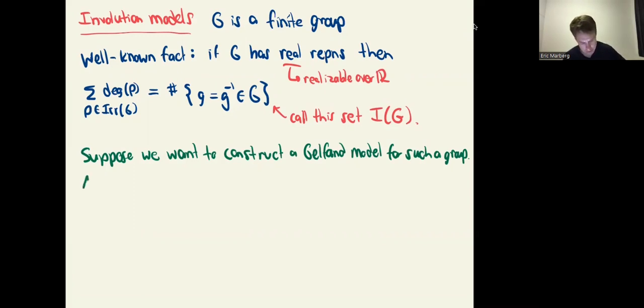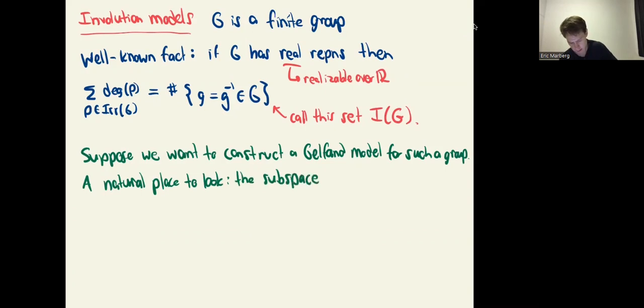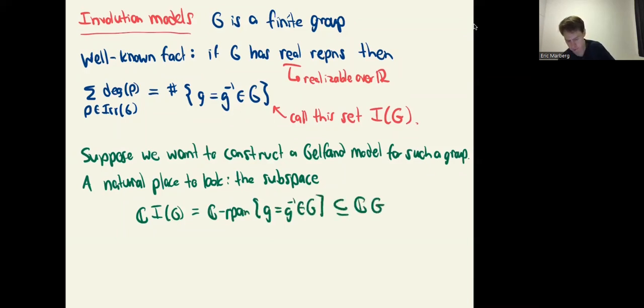Then a natural place to look for a Gelfand model is the subspace C I of G, meaning the span of these involutions inside the usual group algebra of G. Since this subspace at least has the right dimension.